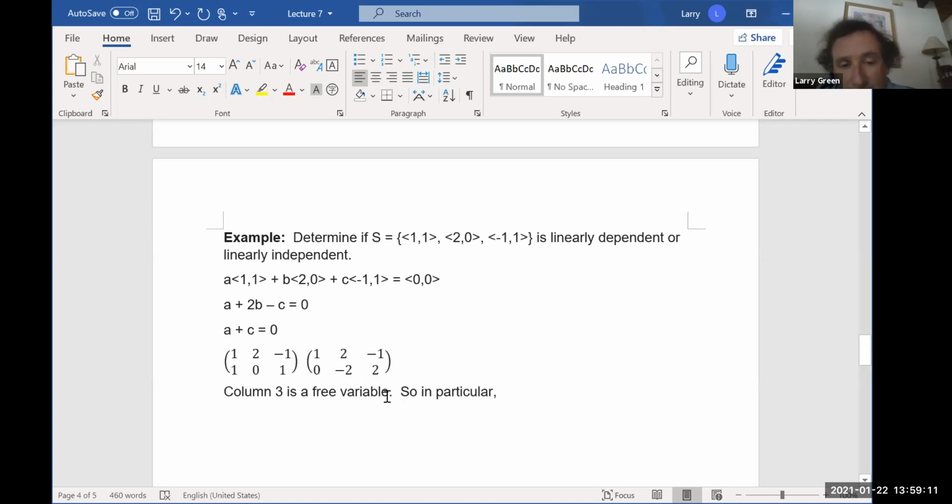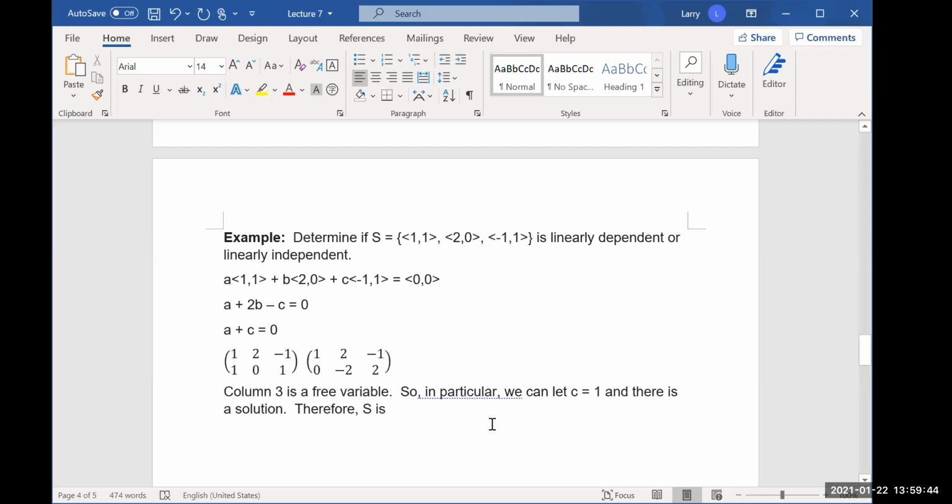So in particular, we can let C equal 1. Anything you want. Don't want to let it be 0 because we're trying to get a non-zero one. And there's a solution. So therefore, S is, what words do we use?